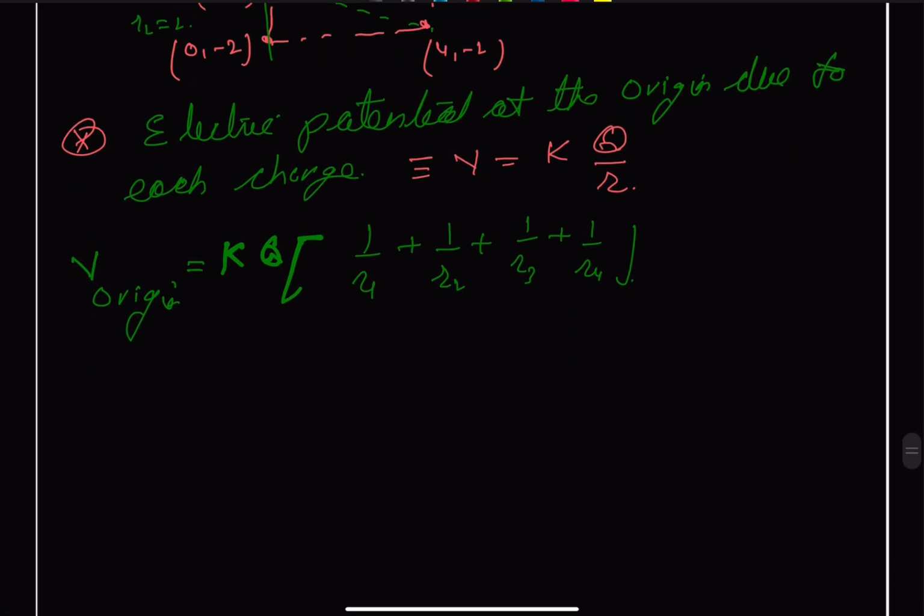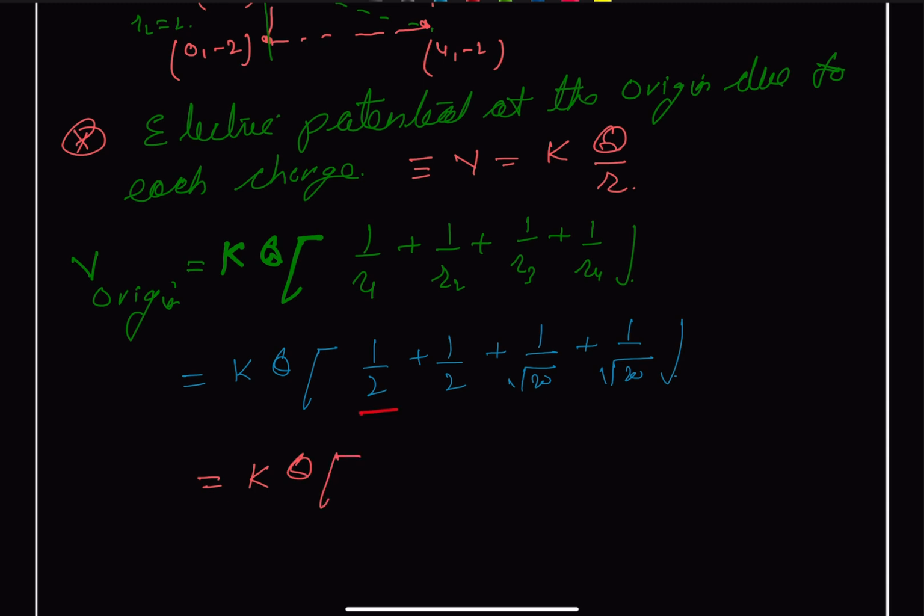So we get this as KQ, and we have 1 upon R1 is 1 upon 2, plus 1 upon 2, plus 1 upon square root of 20, plus 1 upon square root of 20. So we can write this will be equal to our KQ, and this becomes 1.